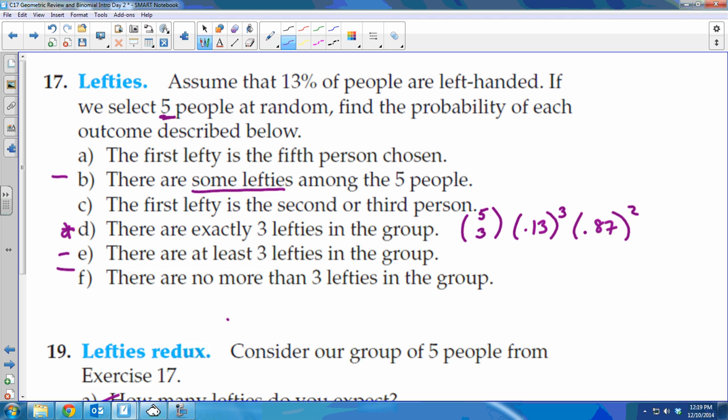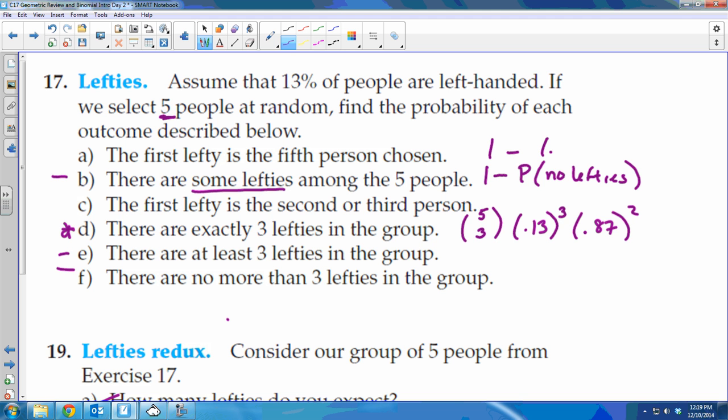There are some lefties. How do we find something when we were doing stuff in chapter 14? When some means 1 or 2 or 3 or 4, you do 1 minus, well, you have 1 minus no lefties.